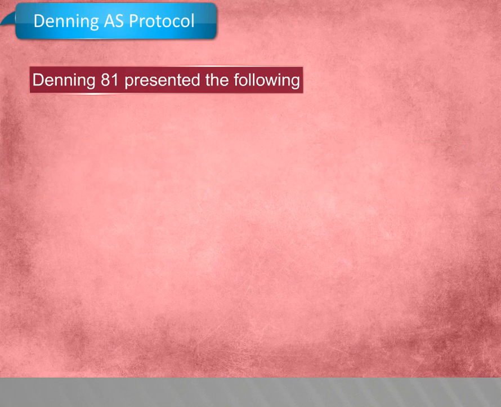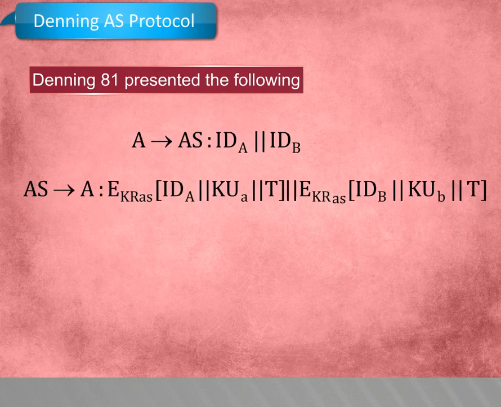Denning AS protocol. Denning 81 presents the following. A to AS: IDA || IDB. AS to A: E(KRAS, [IDA || KUA || T]) || E(KRAS, [IDB || KUB || T]).